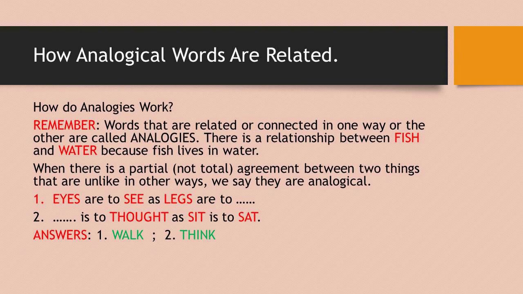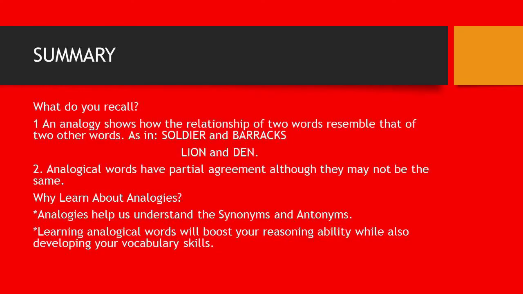Now we want to make progress this time to summarize what we have learned thus far. Now what have you learned? As for me, I have learned that an analogy shows how the relationship of two words resemble that of two other words. So the relationship between soldier and barracks is related to the relationship between lion and den. Soldiers, you find them at the barracks, and as for lion, they live in a den.